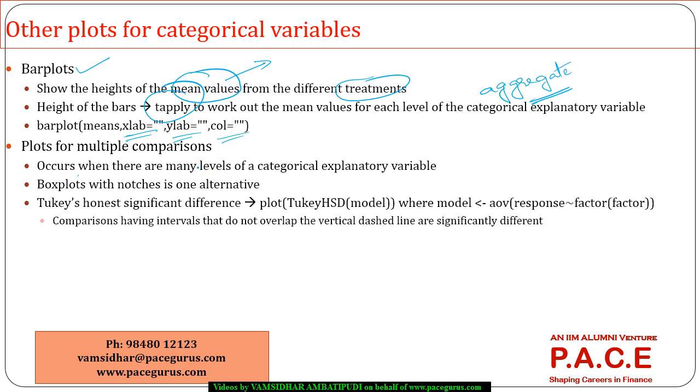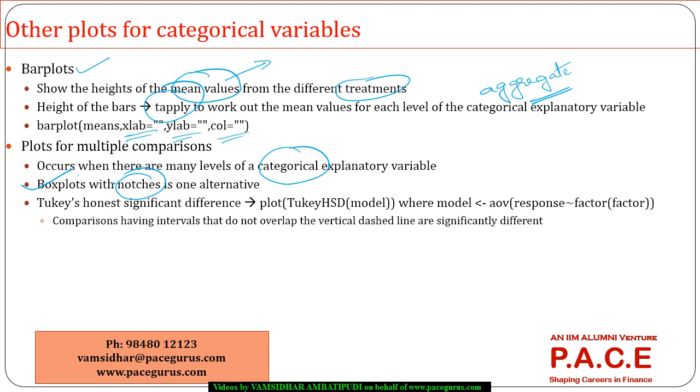And in some cases I can have plots for multiple comparisons, right? When there are many levels of a categorical explanatory variable, instead of one single explanatory variable, we have already looked at the box plot with the notches, which can compare whether the medians are significantly different across the groups or not, right?